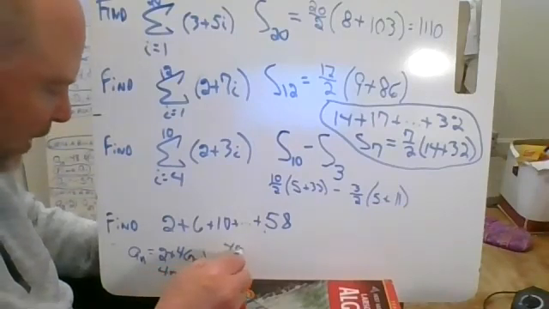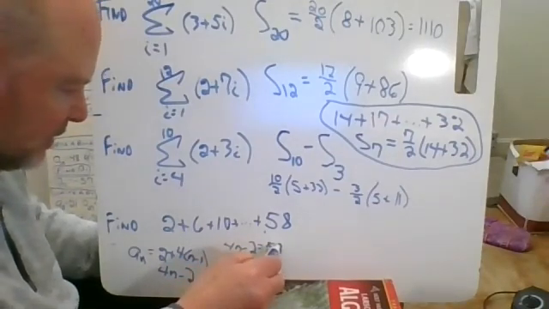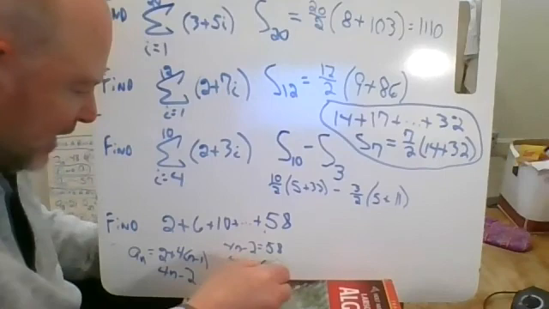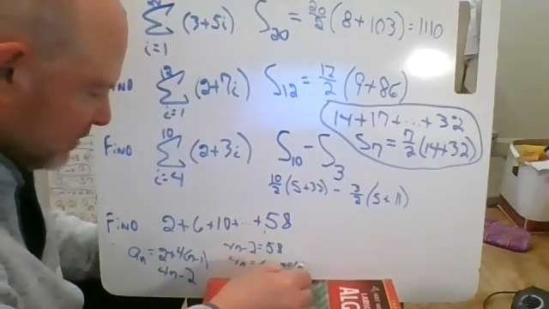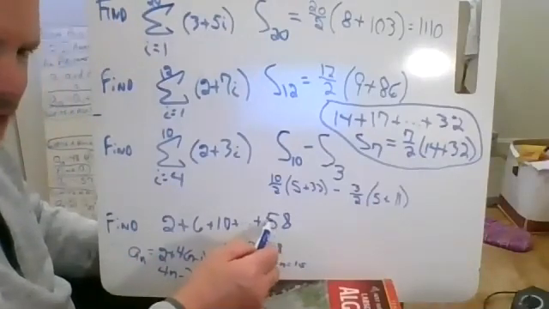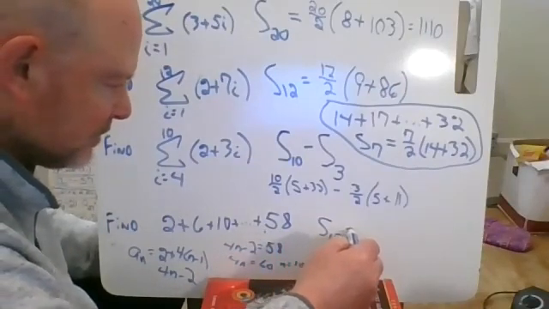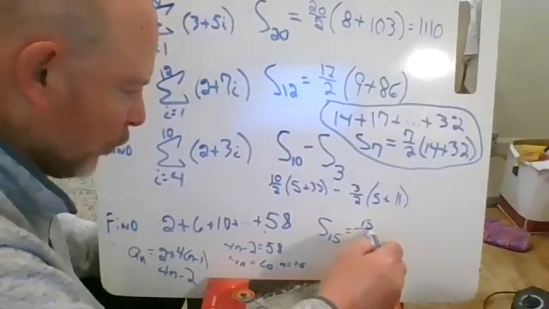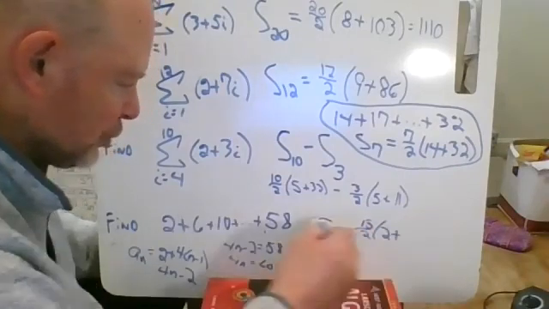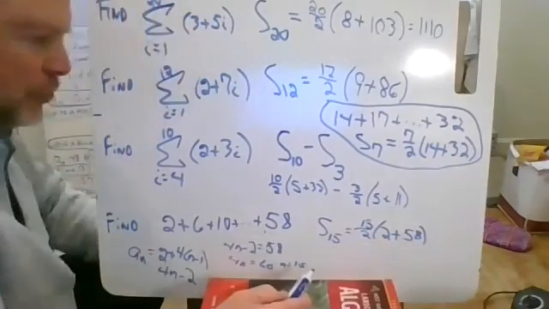You would take 4n minus 2, set it equal to 58, and 4n would equal 60, and n would equal 15. So we would have 15 numbers here. So you would be computing S sub 15. And that would be 15 over 2 times your a sub 1, which is 2, plus your a sub 15, which is 58. And you would get that answer.